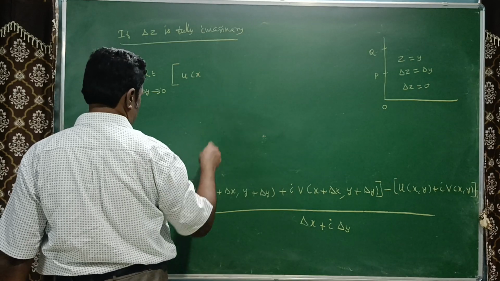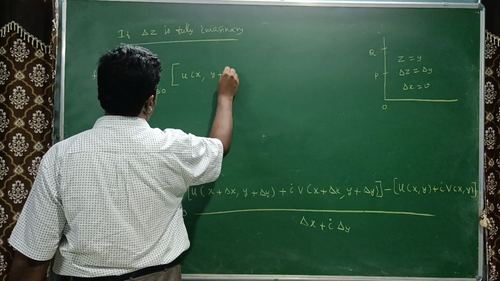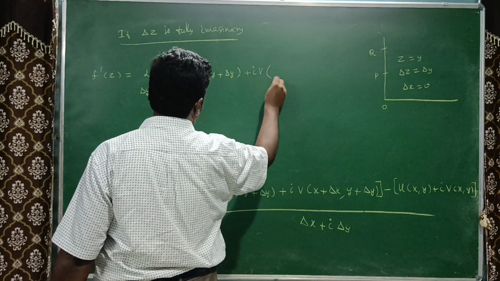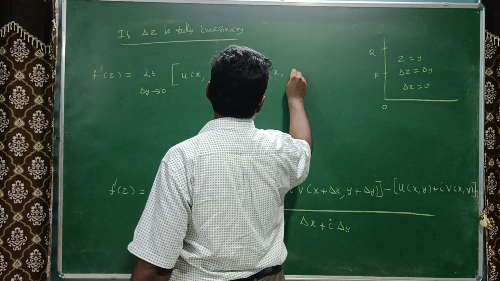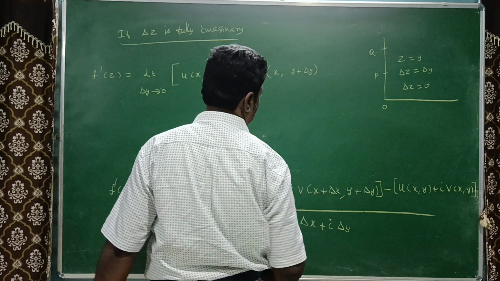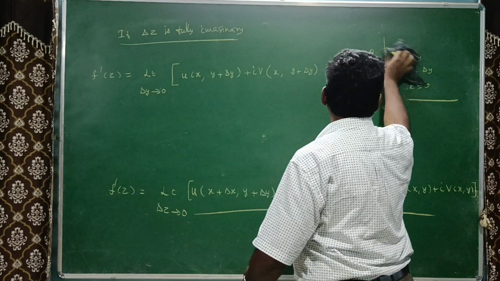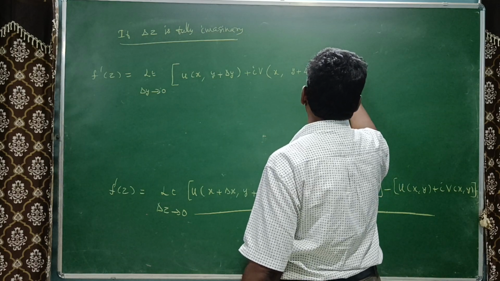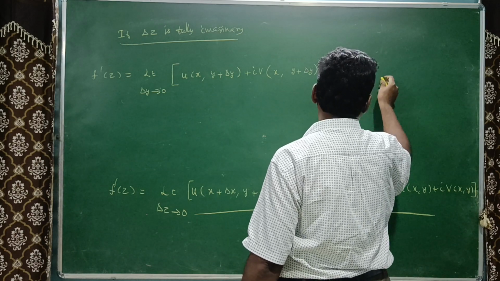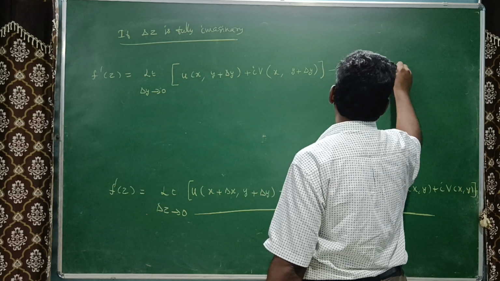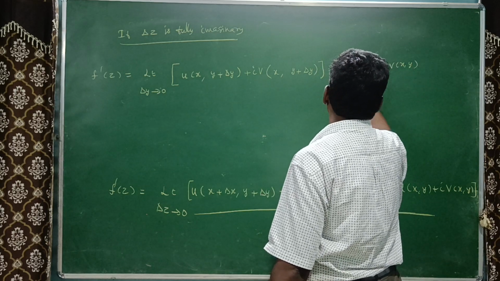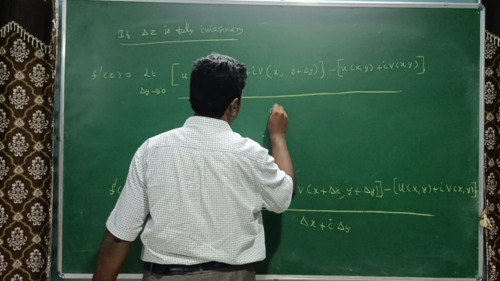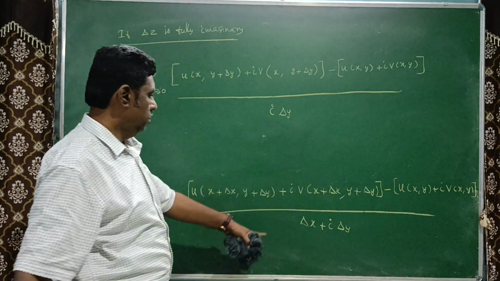u of x comma y plus delta y plus i into v of x comma y plus delta y minus u of x comma y plus i into v of x comma y whole divided by i into delta y, because delta x is 0.